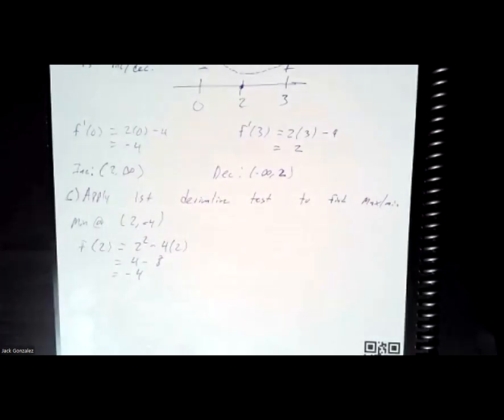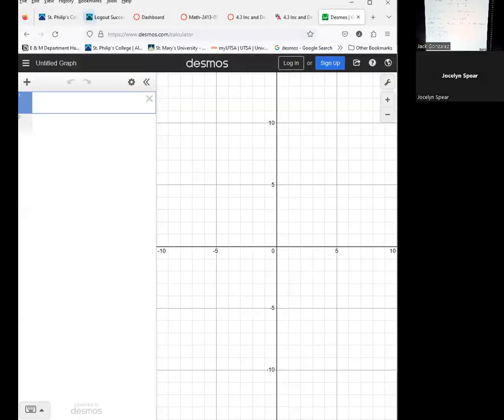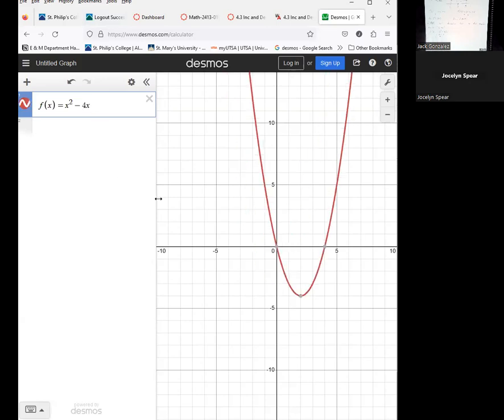Now let's look at both of these examples on a graph. So we can put a picture on this. Okay, so this current question, it's a parabola pointing upward. So of course it's a minimum, right? It's right there, 2, -4. And we can see what the derivative told us.